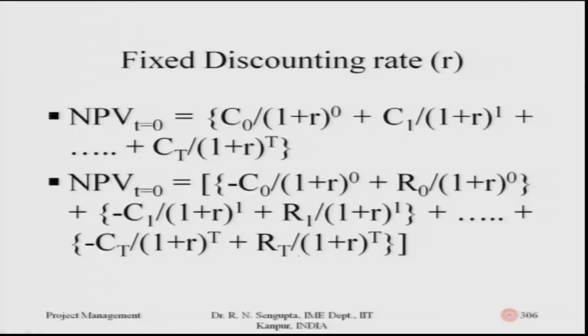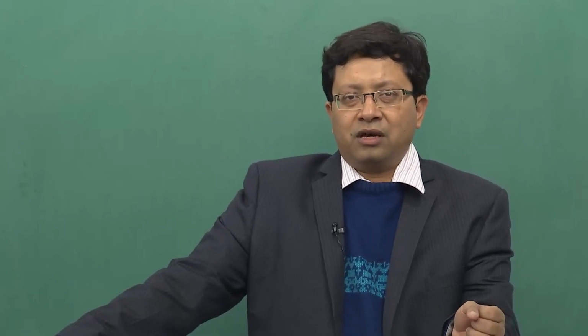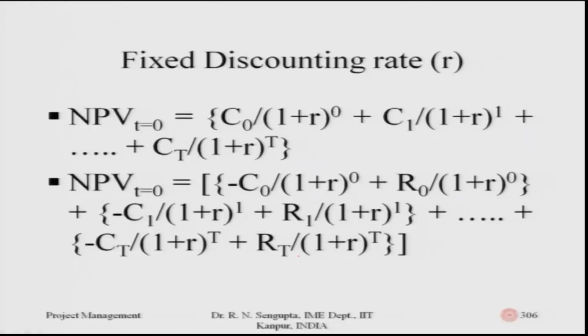Net present value: if I consider the inputs and outputs, input means the amount of money which is coming in, and output being the amount of money which is going out. Again, if I consider the revenue and the cost, the cost is given a negative value, minus C0, minus C1, minus C2, and the revenues are given as R0, R1, R2 till the last value, RT.